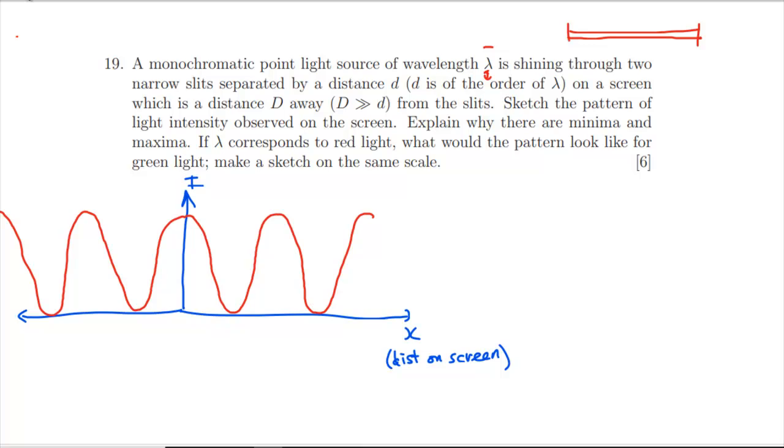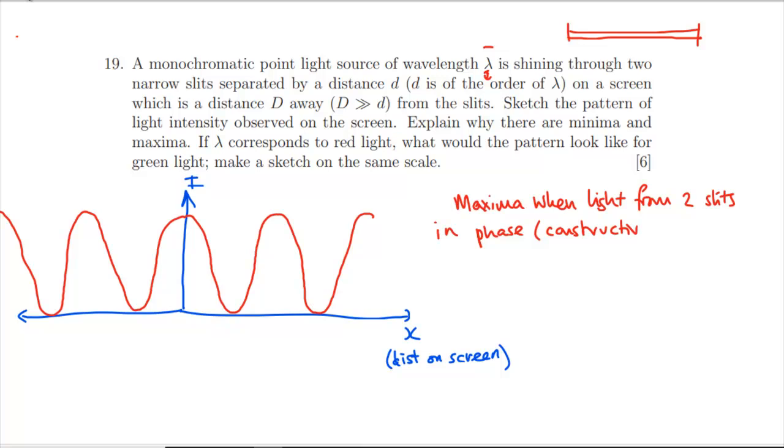Okay, so we're getting maxima when the light from the two slits is in phase. So you could then say this is constructive interference.